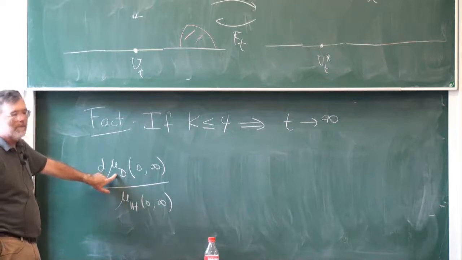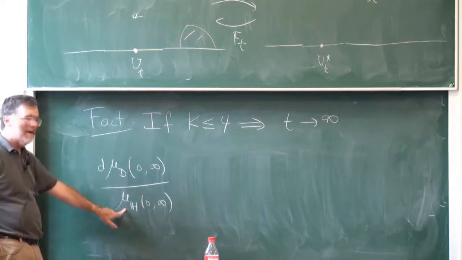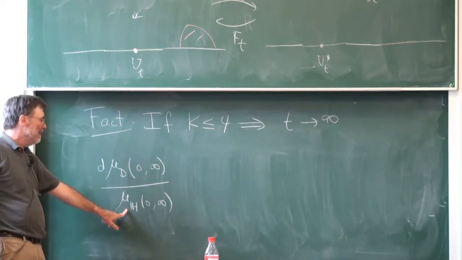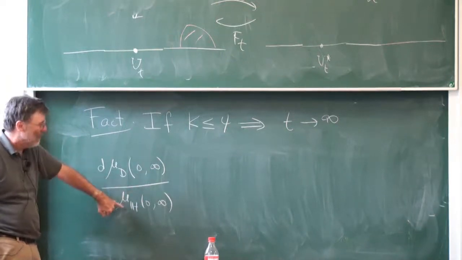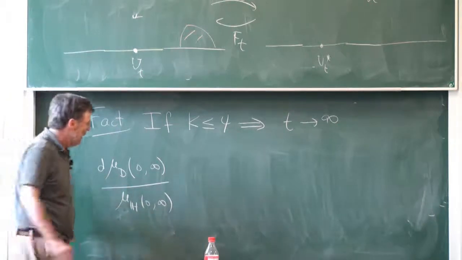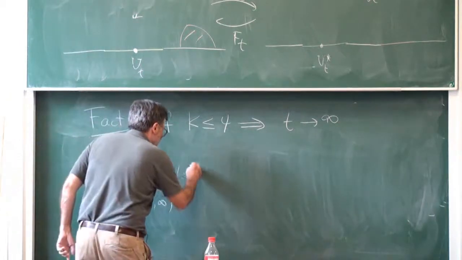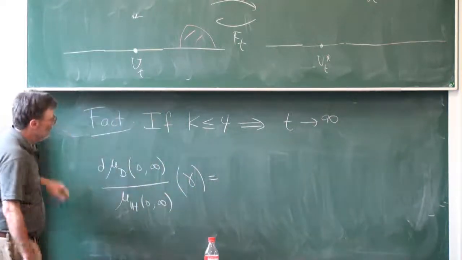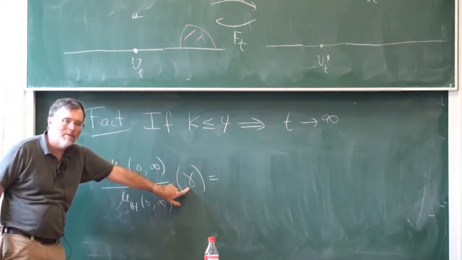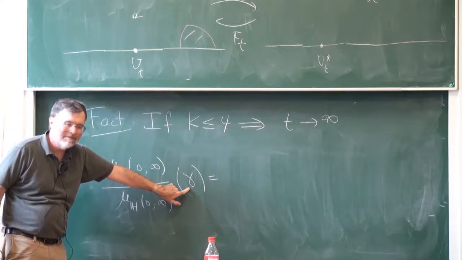This is actually not going to be a probability measure. I'm just choosing this to have norm 1. And I'm going to choose this measure by giving its Radon-Nikodym derivative with respect to this.